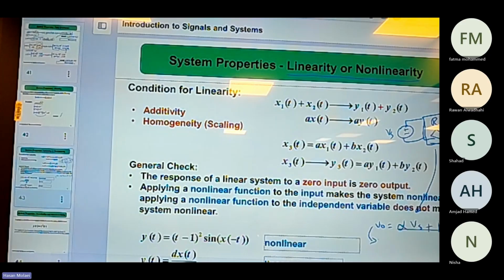I asked the same question in the exam. Anyone could help me? Yes, it will be double, right? Why? Because the system is linear. What does linearity mean?